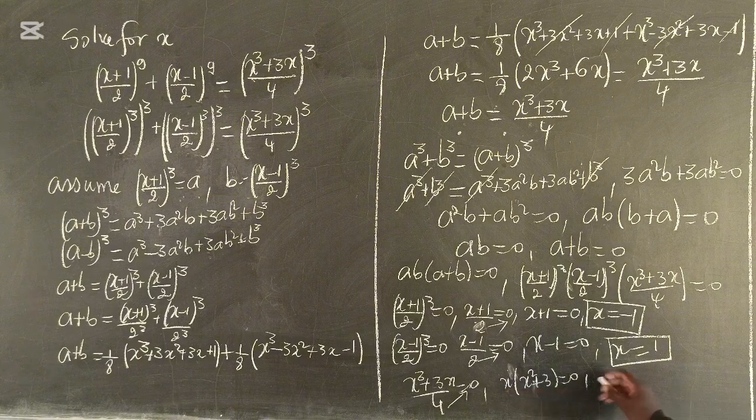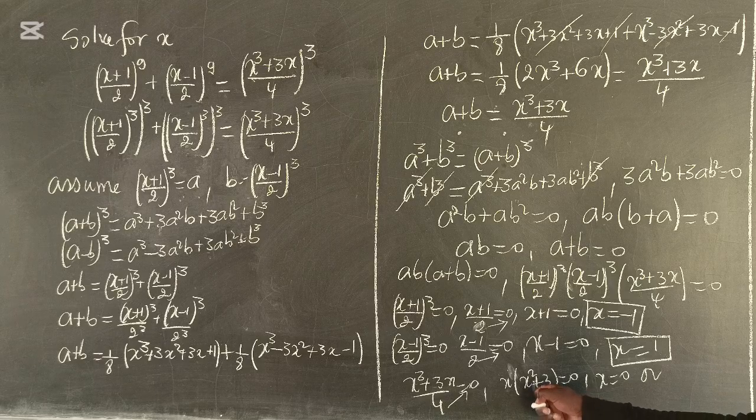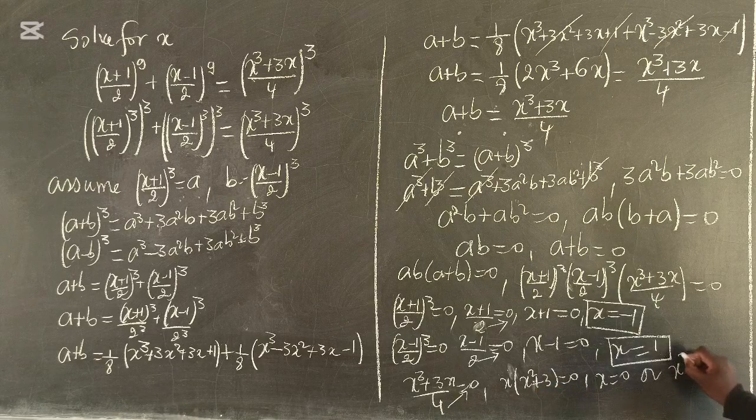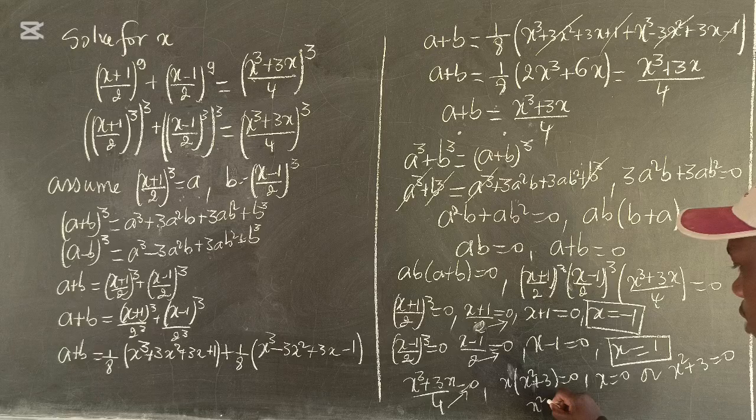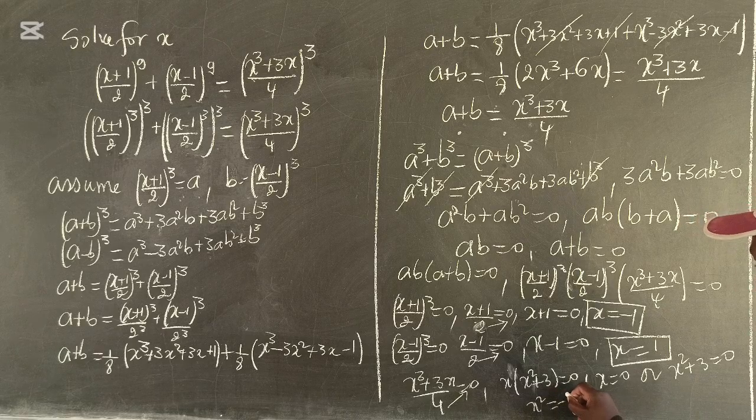Here x can be 0, or, as you see here, this is a complex function. x squared plus 3 is 0. We know that x squared will be minus 3, and the square root of a negative number does not exist in real numbers, but it exists in complex.